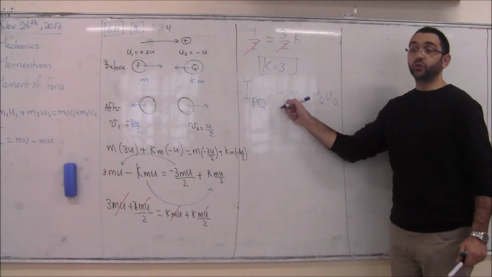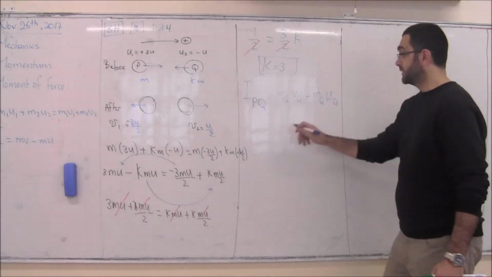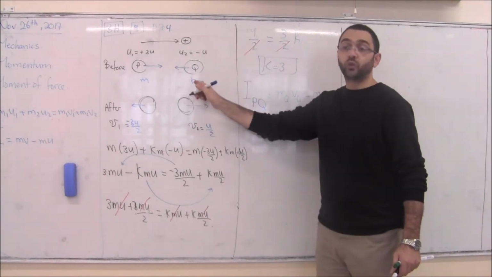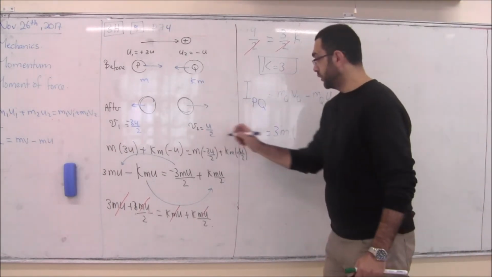MQVQ minus MQUQ, right? So this would be 3M. Instead of K, I have to use what? 3M, VQ, U over 2.